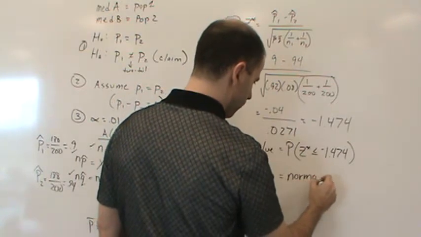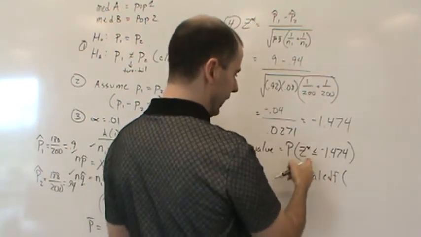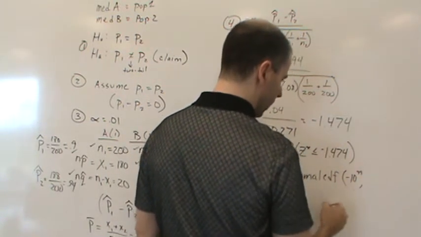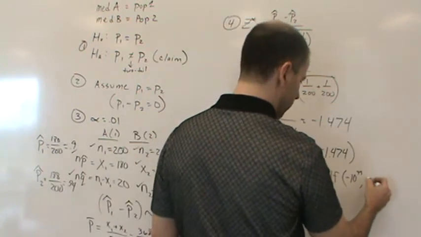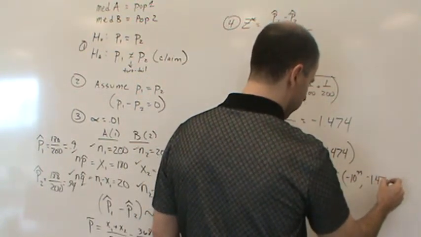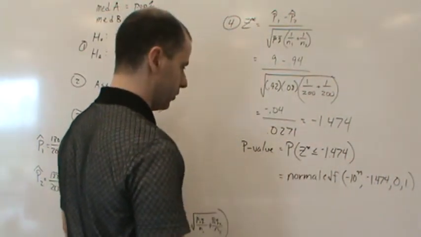Well, then all I have to do is just use normalcdf, right? So my lower bound here is going to be negative 10 to the 99th power. My upper bound is going to be my statistic, negative 1.474, followed by 0, 1, since it's a standard normal distribution.